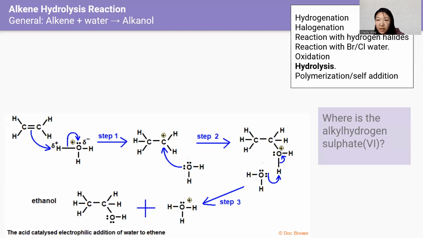So here is our second one. So we have step 1, right? So we have the H3O plus, and then we have the alkene with the double bond. So we have our catalyst, H3O plus, and then we have the alkene, which is ethene. So again, we have this very reactive agent.